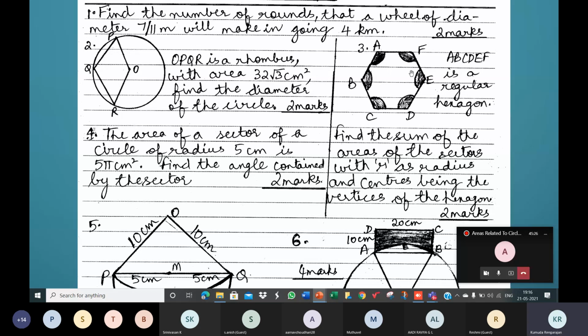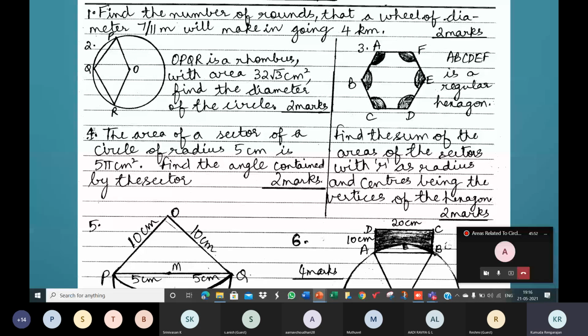Now, what is the sum of all the three angles of a triangle? 180 degrees. Okay. Sum of the four angles of a quadrilateral? 360 degrees. Okay. Sum of the five angles of a pentagon? 720.